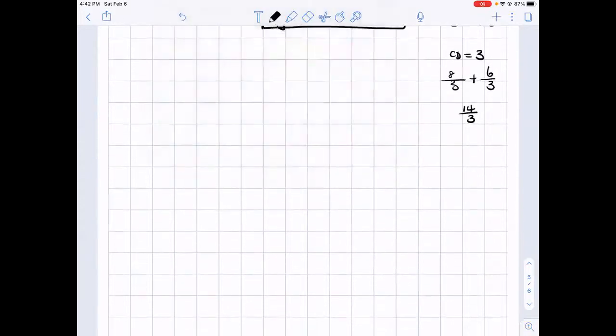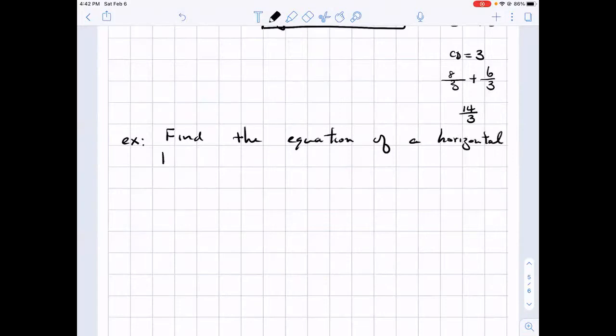Example, I can ask you to find the equation of a horizontal line that passes through point 1, 5.